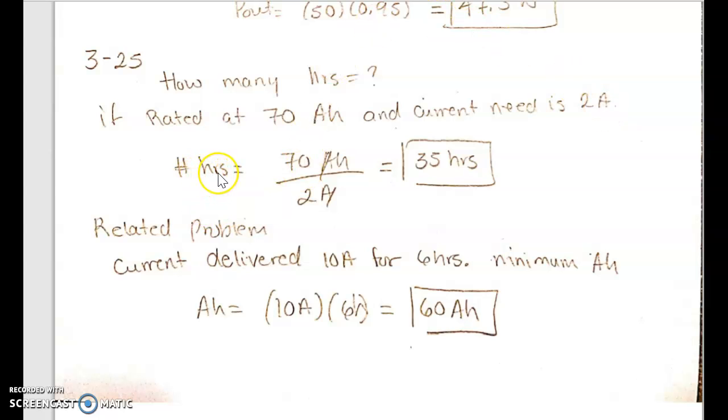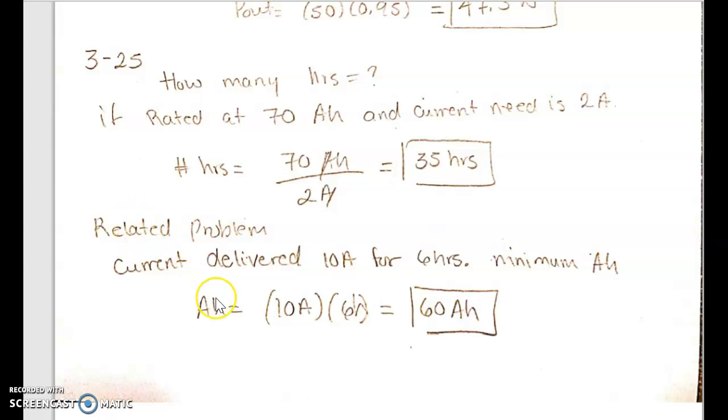So the life expectancy of this battery is going to be 70 ampere hours divided by the current. So we get that this battery or power supply can constantly deliver 2 amps to whatever the load is for 35 hours.